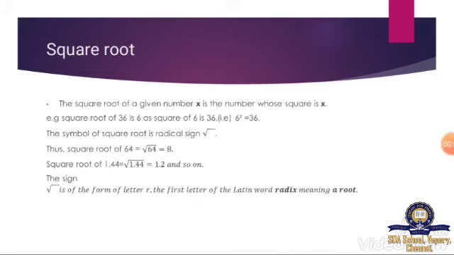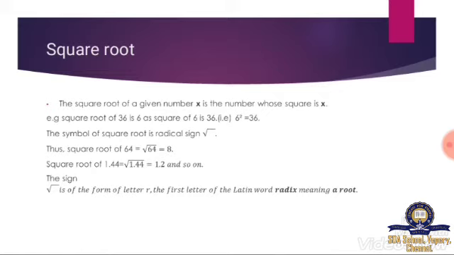Now, can anyone define the square root? The square root of a given number x is the number whose square is x. For example, a square root of 36 is 6, as the square of 6 is 36, that is 6 squared is equal to 36. The symbol of square root is a radical sign.